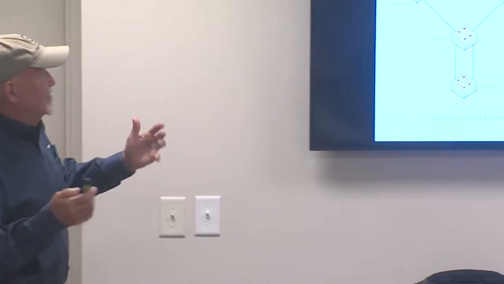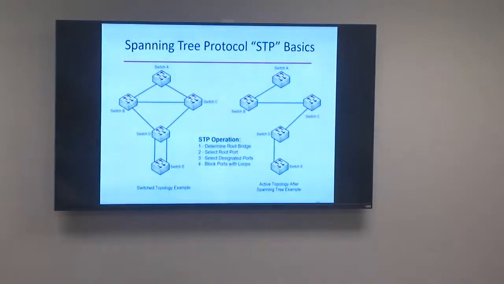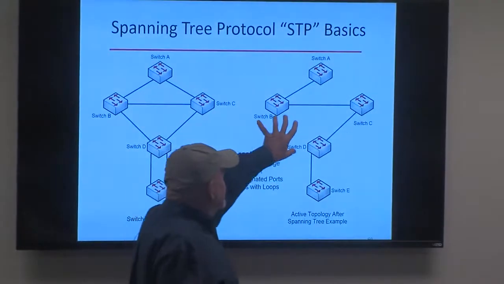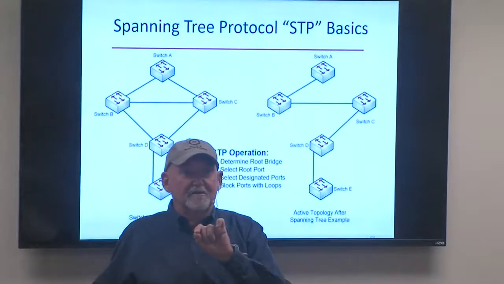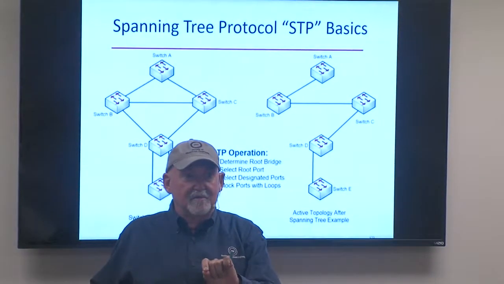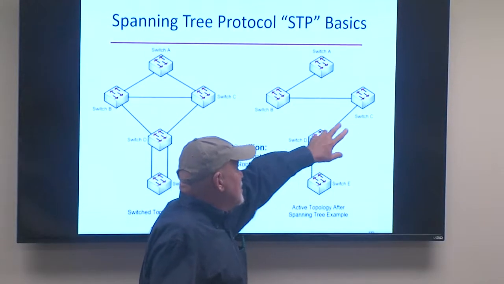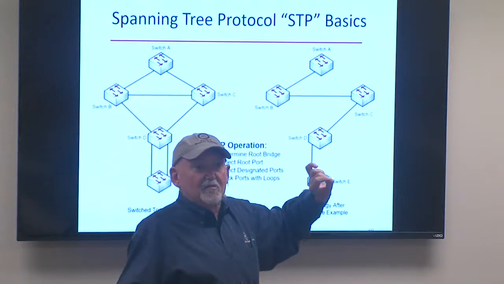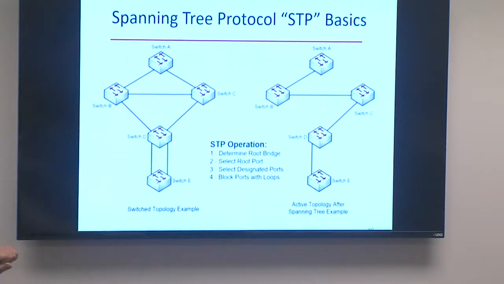Again, probably instead of using the defaults, I'm going to hard set, in this example, say switch A, I would make that maybe my root bridge. But anyway, the algorithm determines what is referred to as the lowest cost port or link, and then it will prune or virtually disable the other ports. Okay? They're still there physically, but they're simply disabled.